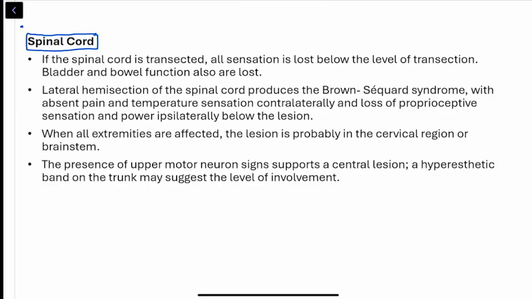You will find symptoms on the basis of the level of the injury and the type of the injury, whether the spinal cord is compressed, transected, or infected. Different etiologies and different patterns of spinal cord involvement will cause different symptoms.